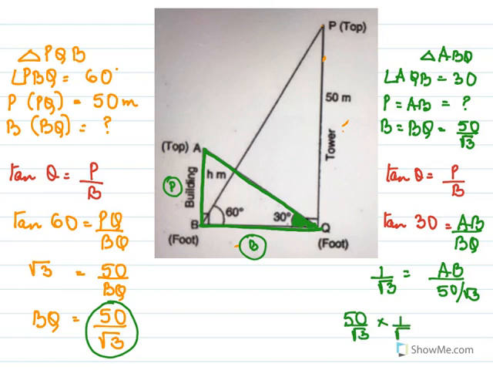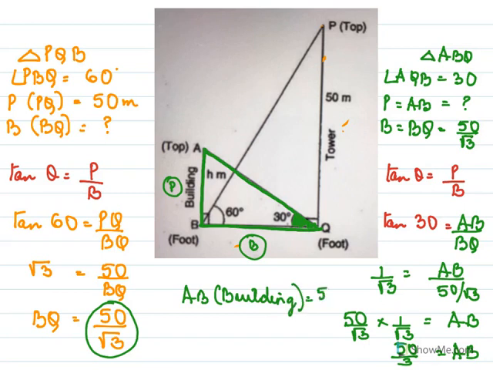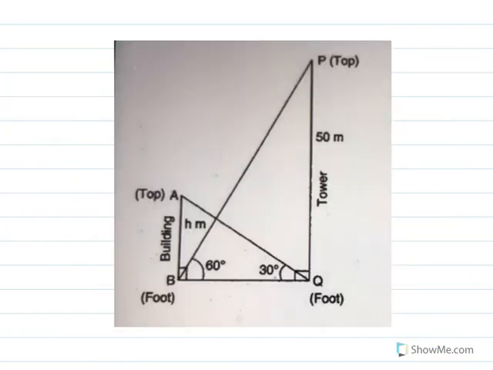Cross multiply. 50 over root 3 into 1 by root 3 equal to AB. So AB equals 50 over 3. So AB, which is the height of the building, equals 50 by 3, and that is 16 2 by 3 meter. So that is your answer, 16 2 by 3 meter.